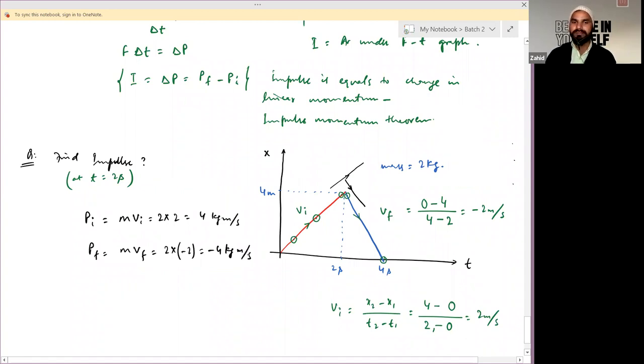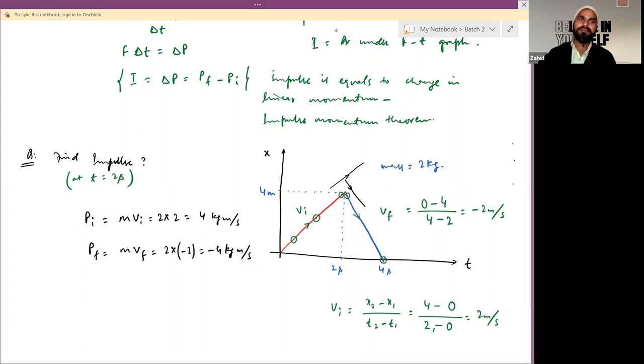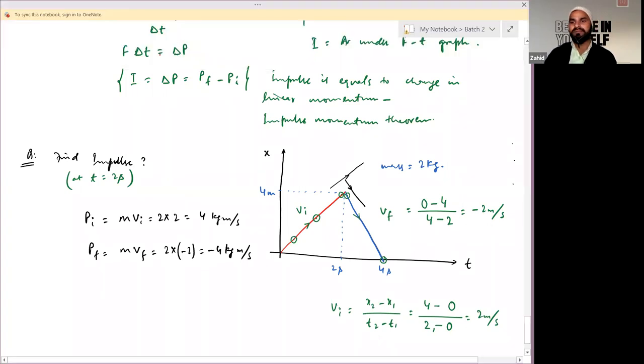Is it clear to everyone how I have just calculated Vi and Vf? Yes, sir. Arslan? Safan, is it clear? Yes, sir. Okay. Now, according to the above theorem, impulse equals P final minus P initial.